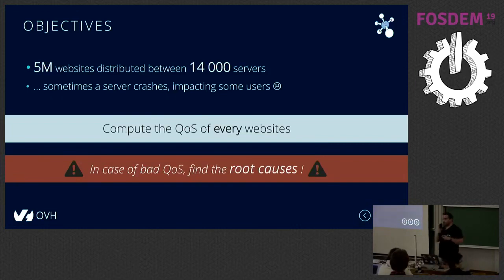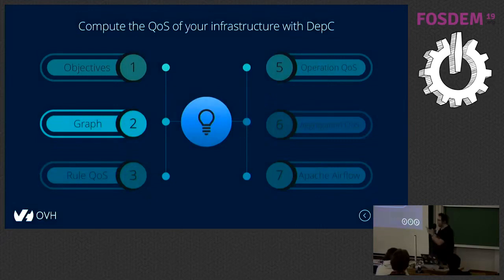In case of bad QoS for a particular day, we also need to find the root causes. So we need to find which servers, among these 14,000 servers, have impacted my customers and why. The next part, presented by Anthony, will be about the graph part of the project.